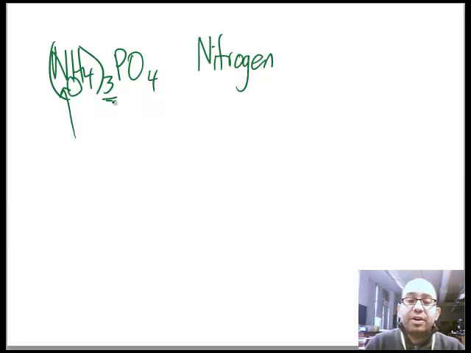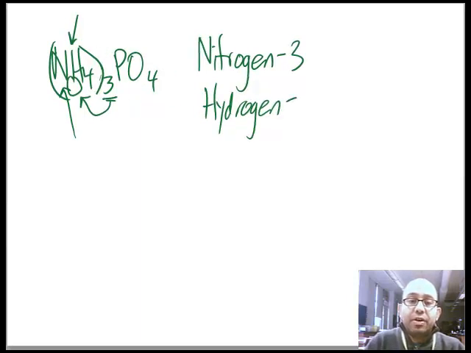That means there's a 1, except there's a 3 here on the outside of this parenthesis, so that gets distributed. So there's 3 nitrogens. You see there's a capital H, and that means there's hydrogen. And you see there's a number next to it. There's a 4 right next to it right there. That means there's 4 hydrogens, except there's a 3 on the outside of the parentheses, so that gets distributed to there, right? So that's 12 hydrogens.